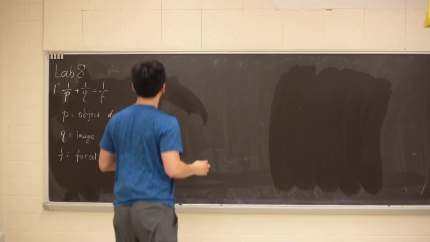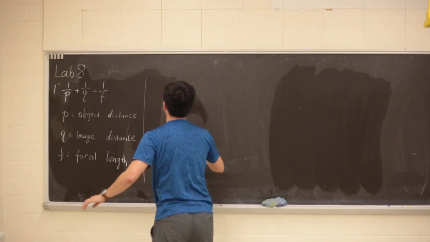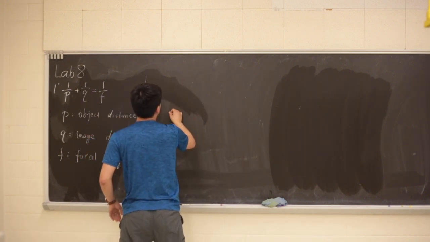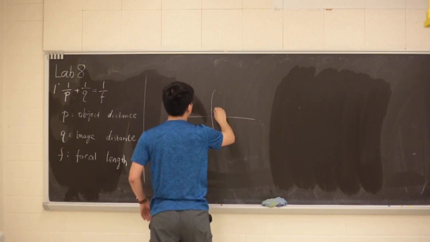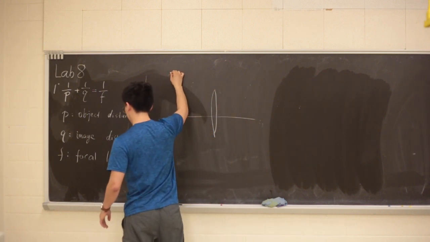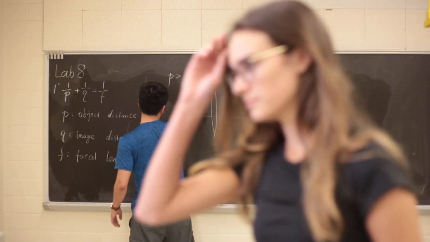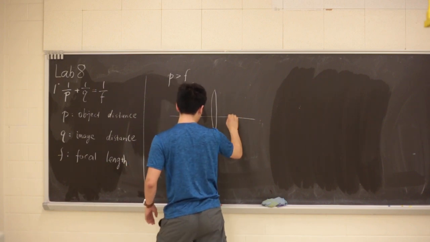Anyway, so the ray diagram will look like this for the scenario that P is greater than the focal length.